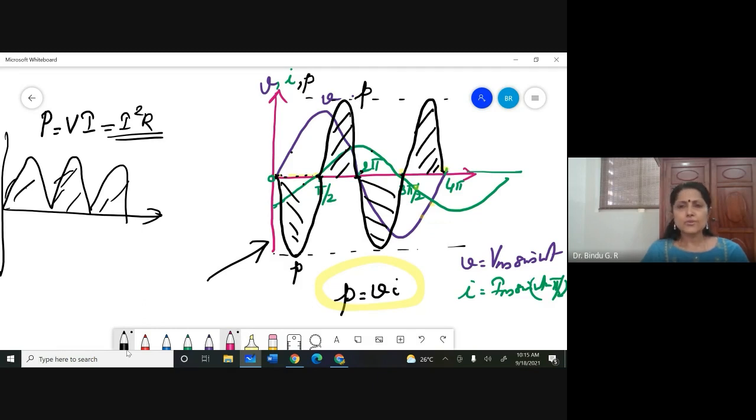Okay, so the energy is flowing back and forth: source to inductance, inductance to magnetic field, and back. No power is consumed.